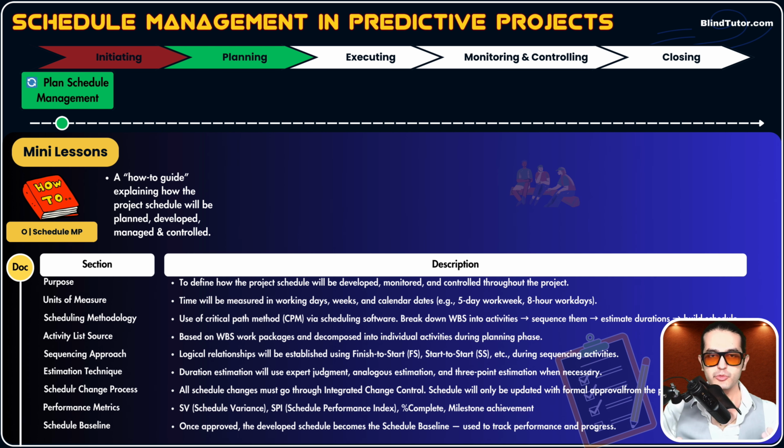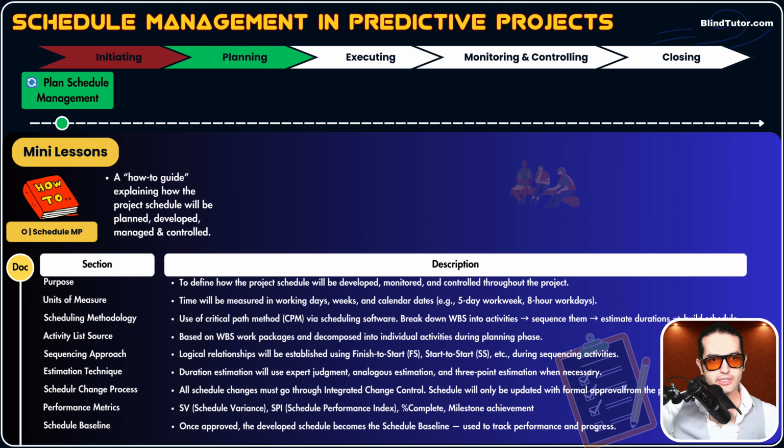How many days do we work each week? 5 days, for example. We decide on these numbers and units, and we keep them in the schedule management plan, so every decision maker has access to it. So when assigning tasks, we know that we can't assign more than 8 hours a day to each employee. Everybody needs to see these units of measure.